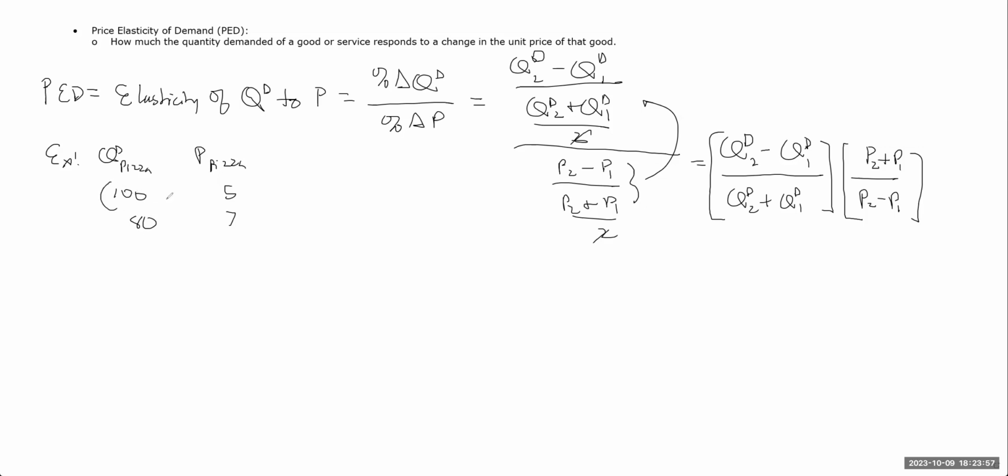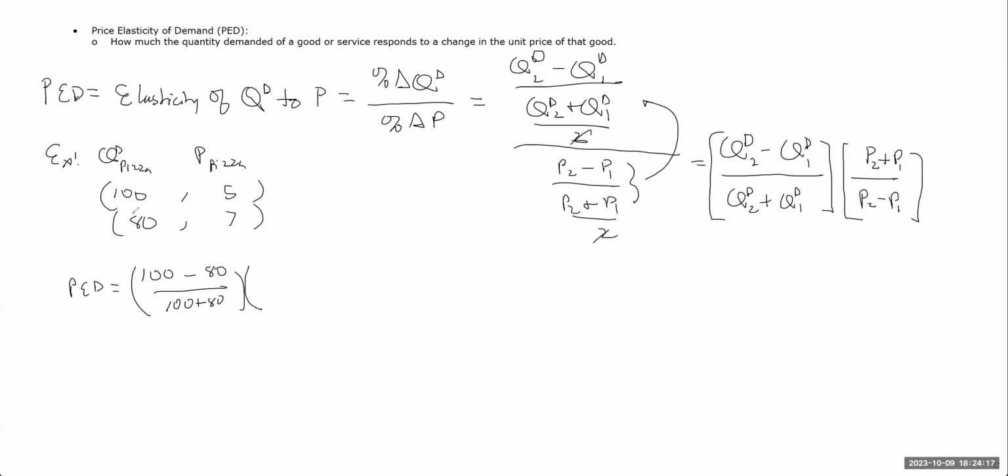So if we're given these 4 numbers like that, we could plug them in to find price elasticity of demand. This is equal to, let's say, (100 minus 80) over (100 plus 80).